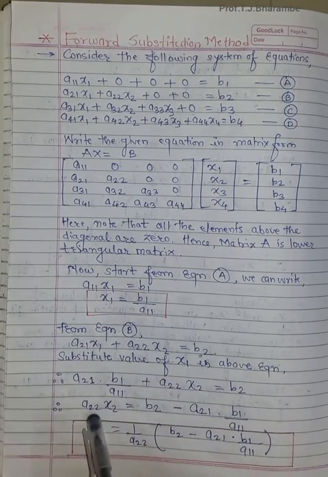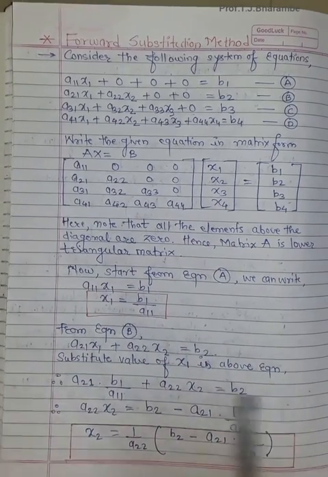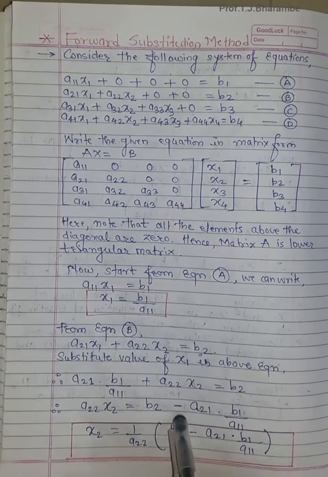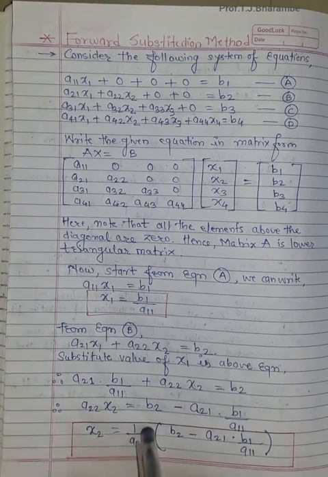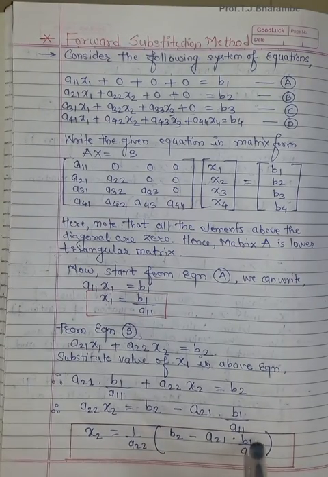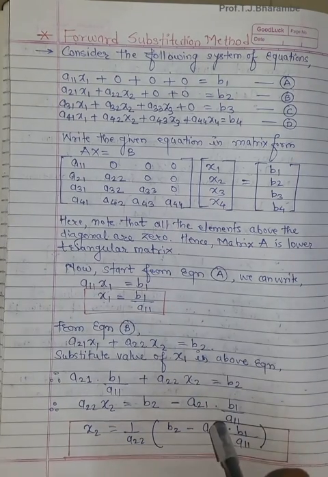So a22 x2 stays on this side, b2 is written on this side, and this particular term will go to the right hand side. It was plus previously, and it has become negative now. By simplifying, x2 is equal to 1 upon a22 times (b2 minus a21 into b1 upon a11). So this is the forward substitution method.